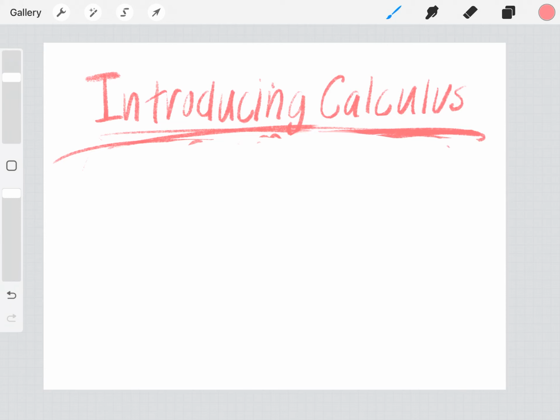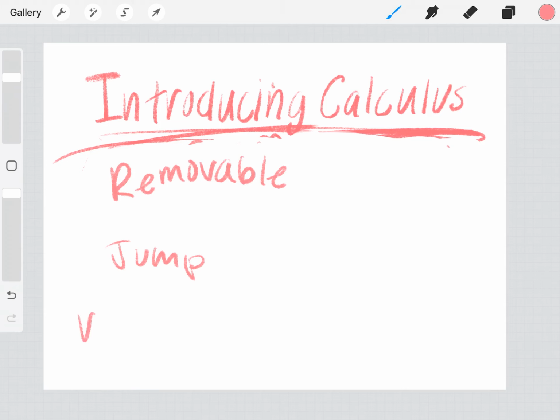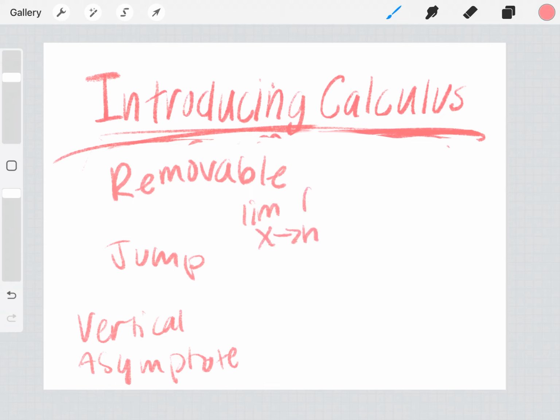It's basically when those things are not true, right? So there are 3 types of discontinuities you need to know for this exam, but you don't need to know the names. You just need to know them, right? So there's a removable discontinuity, which is a discontinuity where the limit of x from the right side is equal to the limit of x from the left side, right?